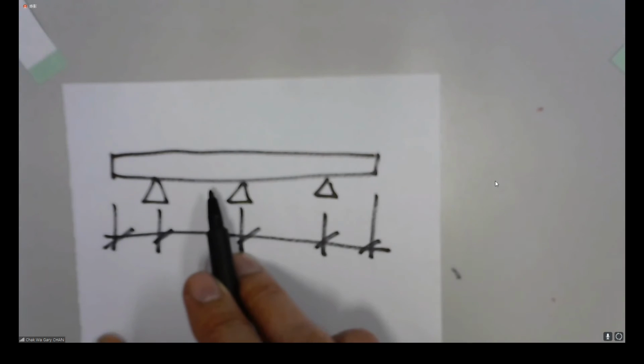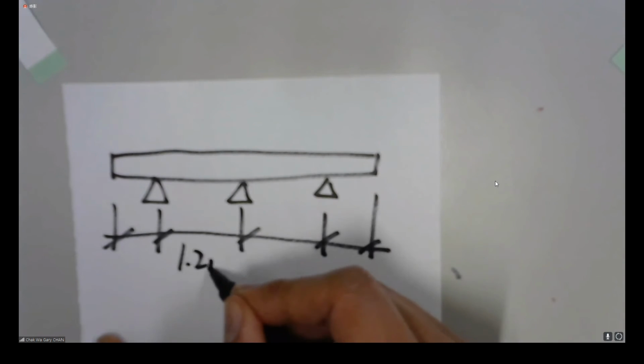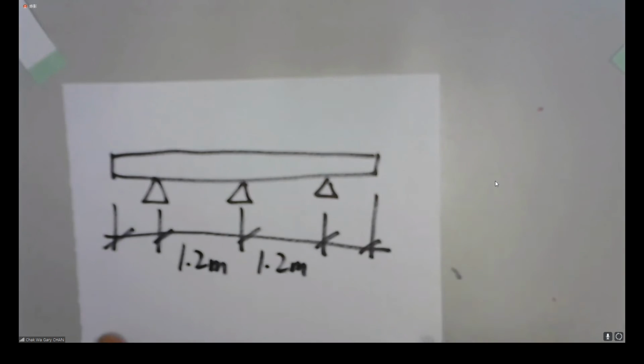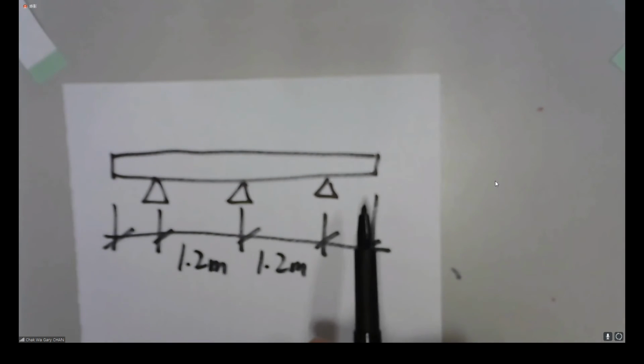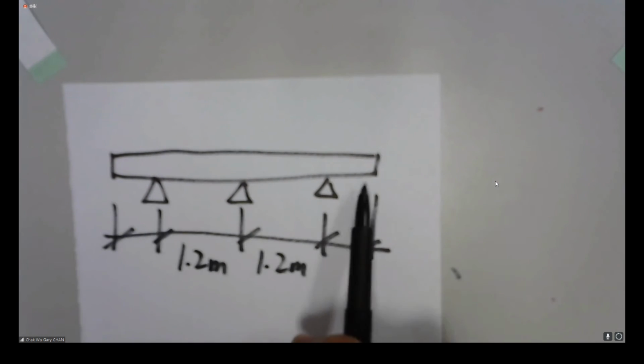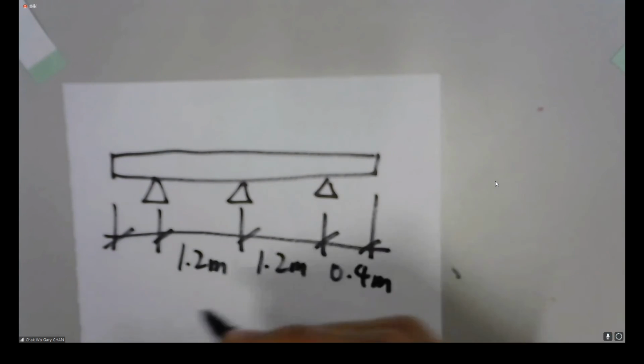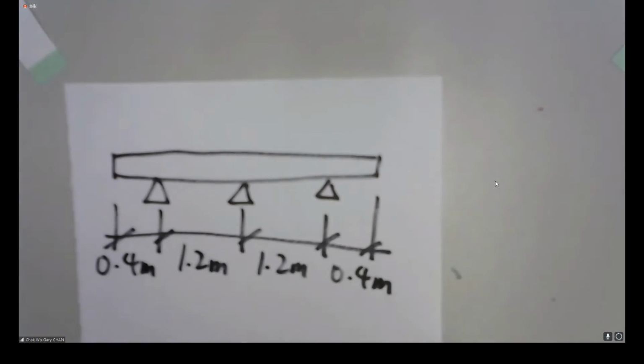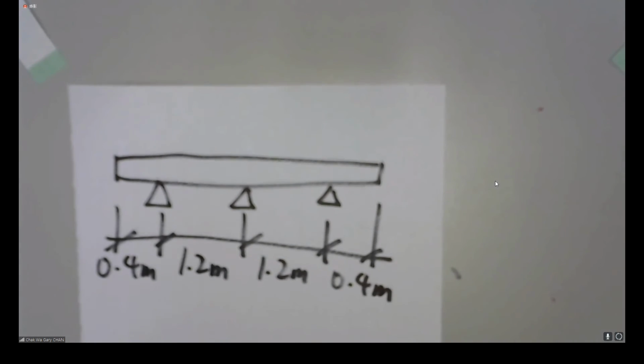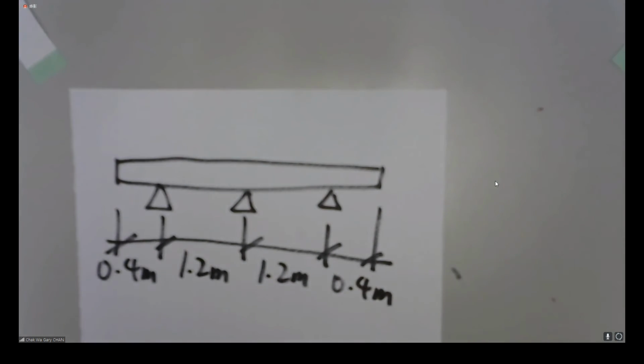The span of the joist is 1.2 meter. And according to the formwork arrangement, you have 2 cantilever ends. The length is 0.4 meter. And this timber joist is subjected to some loading.